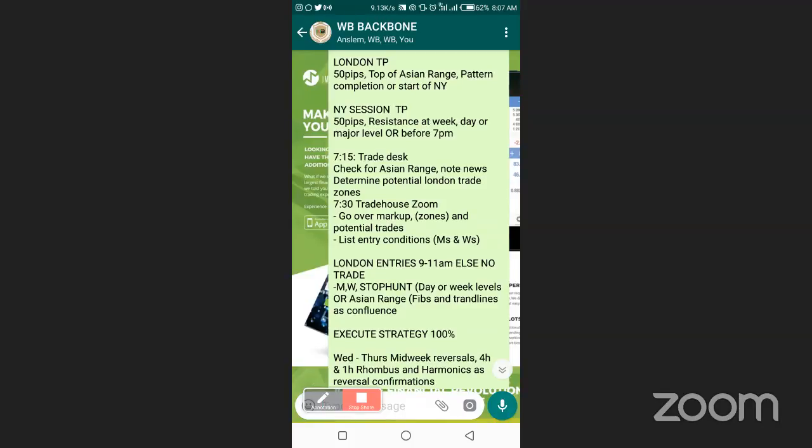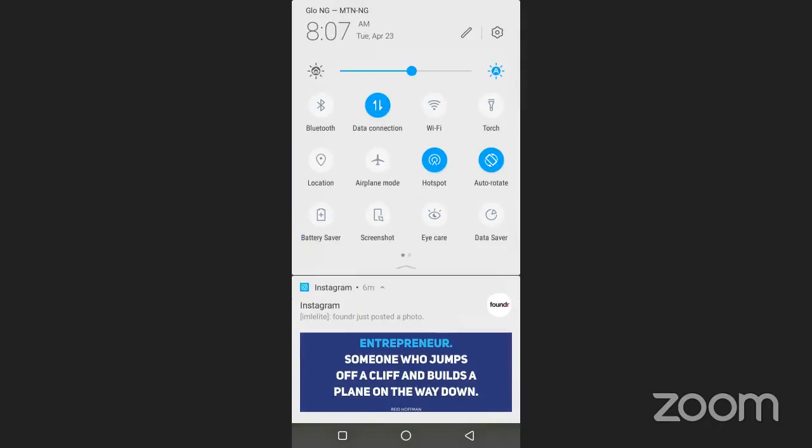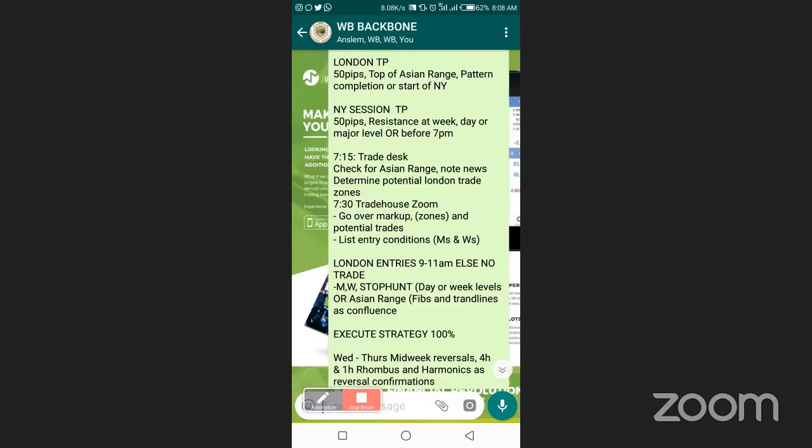Now, top of Asian range, pattern completion, or start of NY. So if we're able to get this within London, then we're satisfied and we're out of that particular trade. That gives us a clear head to observe what's happening in the new session and to maximize the next trade setup that we may see. Sometimes when you trade, your mind is fixed on it, you're not thinking anything else clearly.